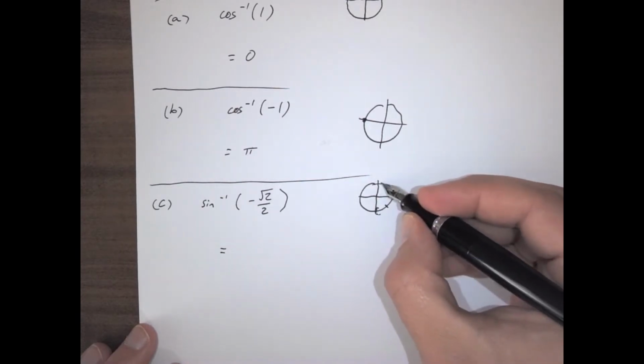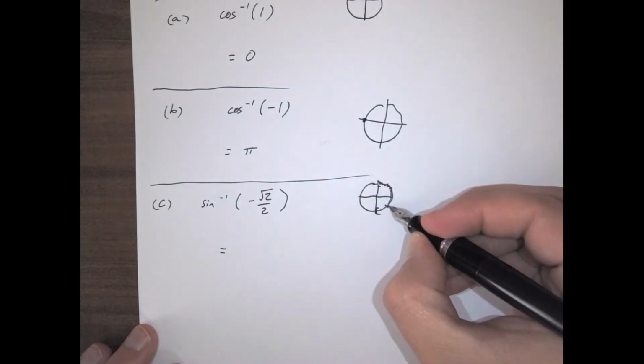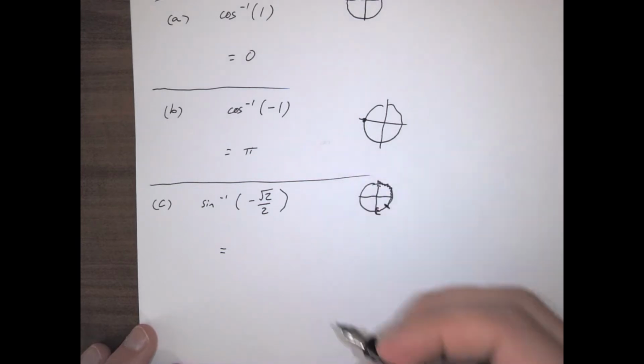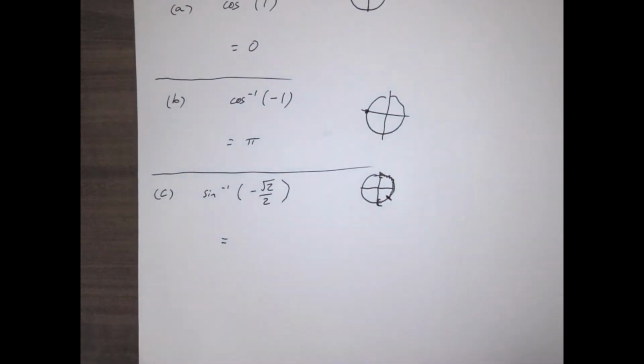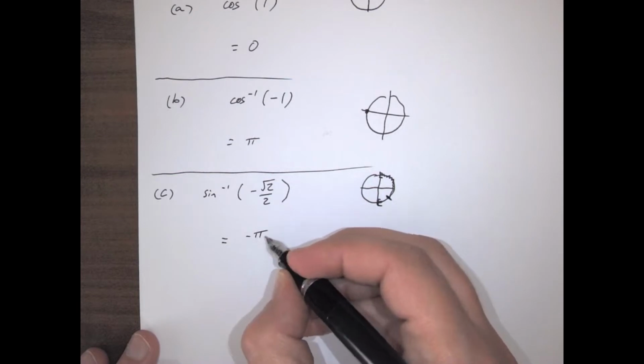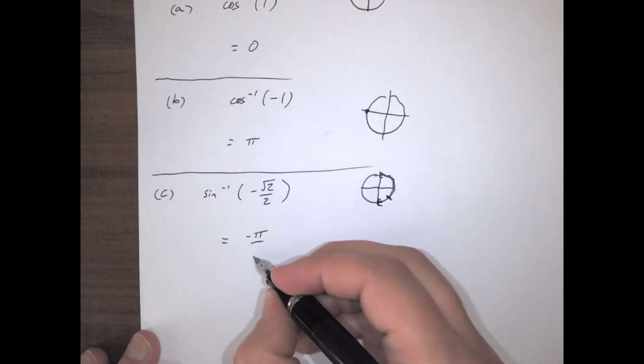So it would not be correct to place this angle as 7 pi over 4, even though technically that angle is coterminal with the one we want, but our answer literally has to be between negative pi over 2 and pi over 2.